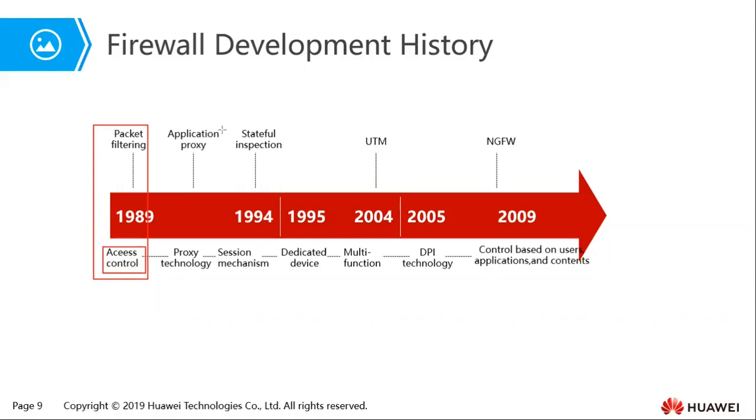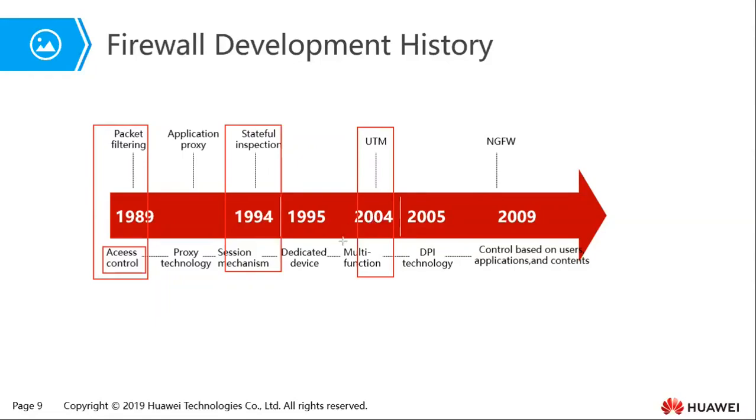Around 1994, another version that could achieve stateful inspection was developed. Then in 2004, 10 years after that, they came up with a more unified security solution called UTM, or Unified Threat Management. It integrated the conventional firewall functionalities.